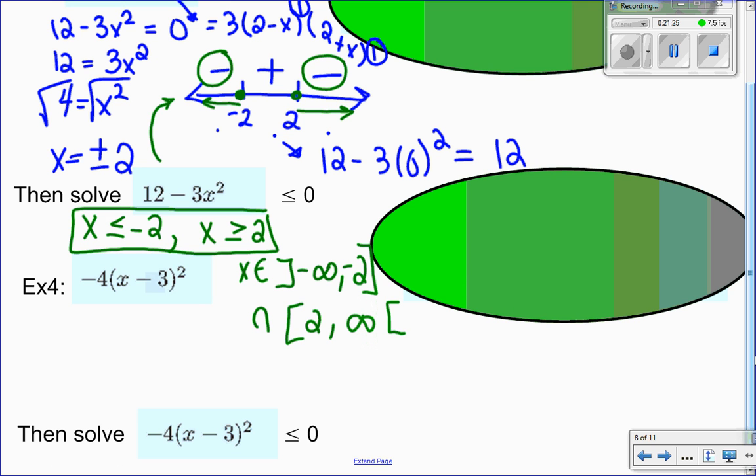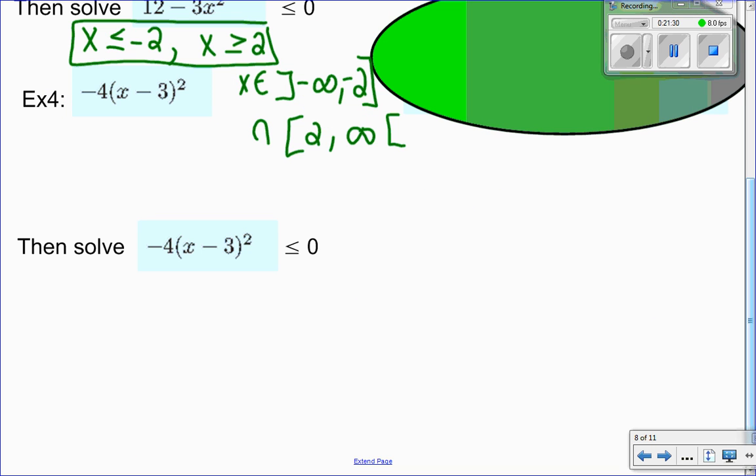Okay, another example. So here we've got this as our function, and we want to find our zeros. So it's already factored for us. Do you see that? So if we look at negative 4 times x minus 3 squared, notice again, if we make this equal to 0, this is just a constant.